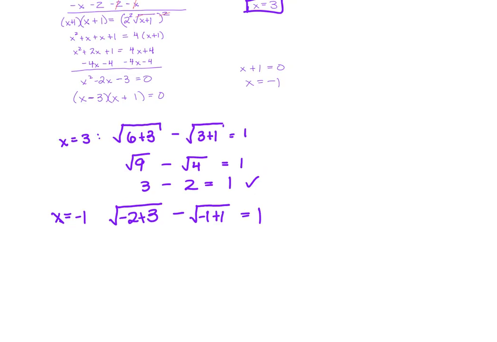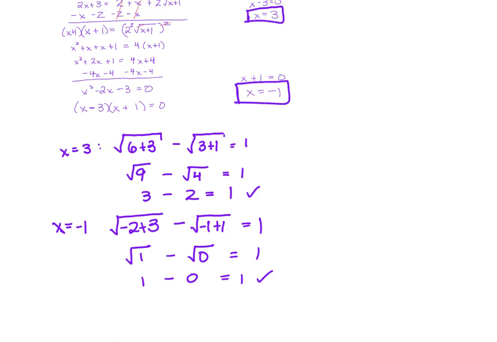All right, negative 2 plus 3 is 1. Negative 1 plus 1 is 0. And if we take the square roots, we get 1 minus 0, and that is equal to 1. And so both of these answers are okay.